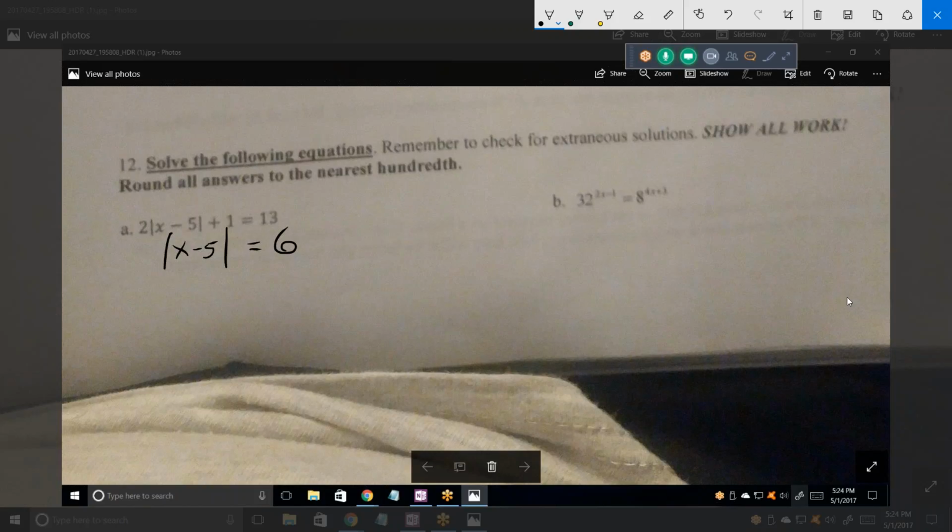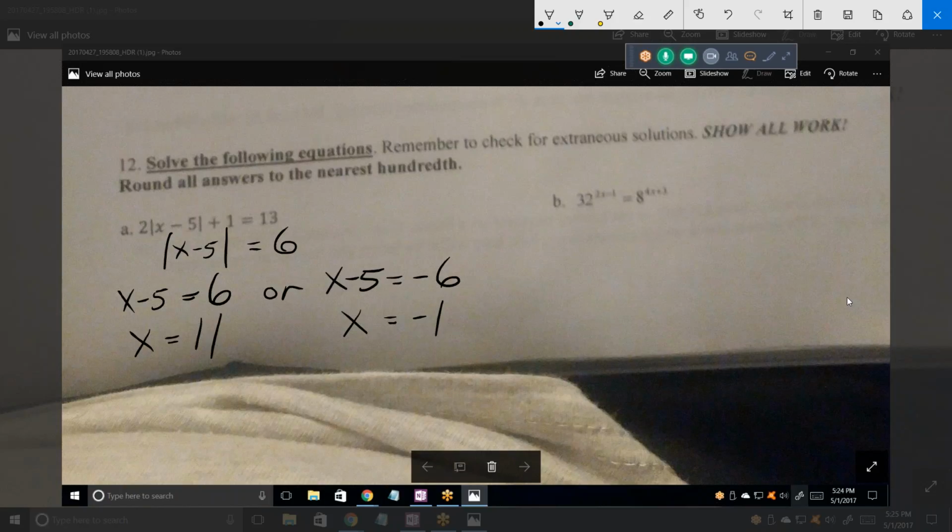Now, just like inequalities, this is equal to 2 things. What 2 things does it mean? x minus 5 is equal to 6, and x minus 5 is equal to -6. These are a little easier because you only have to change one thing on the other side. You don't have to change a sign or a direction of the inequality. So here you get x equals 11 or x equals -1.